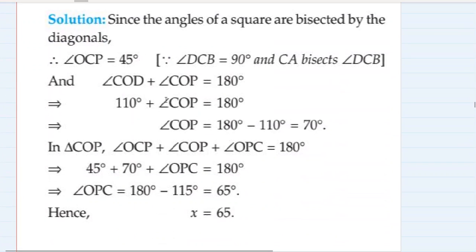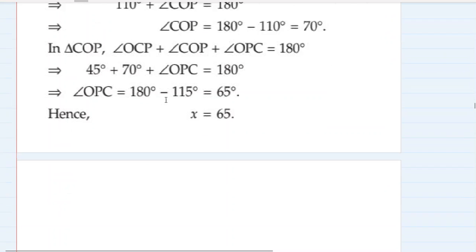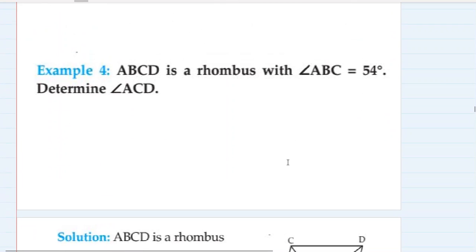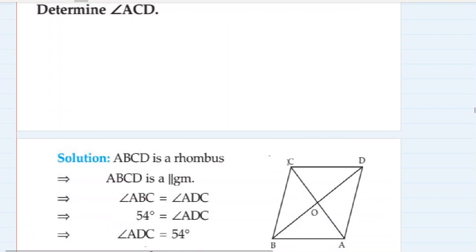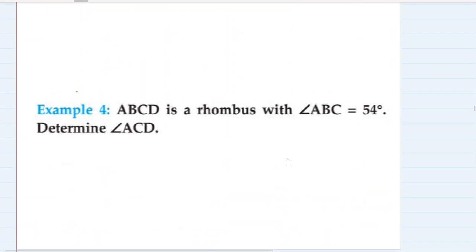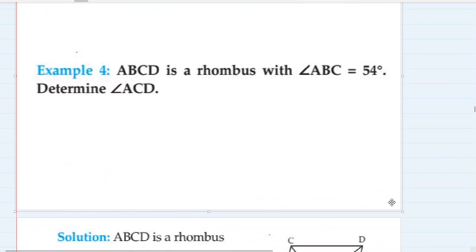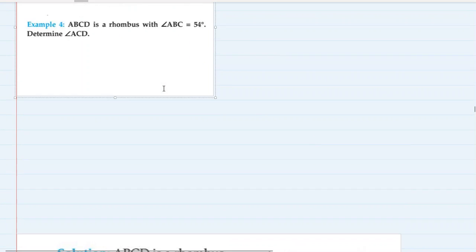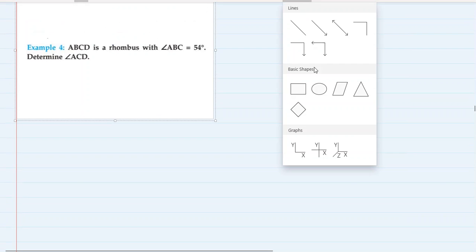Let's check the answer. Absolutely correct. Okay, let's go to the next question. ABCD is a rhombus. Let me draw this figure.